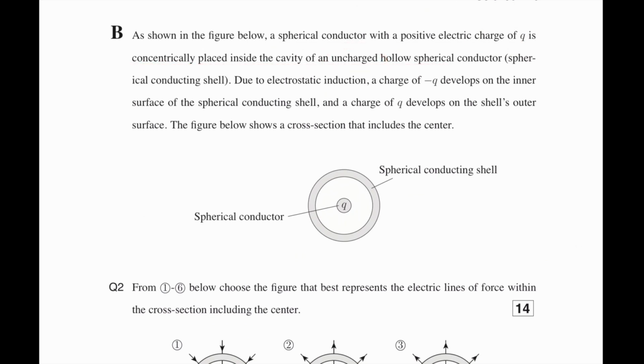So you have a spherical conductor with a positive electric charge plus Q. From the diagram, plus Q is placed concentrically, that means at the center of an uncharged hollow spherical conductor. This is the uncharged hollow spherical conductor.